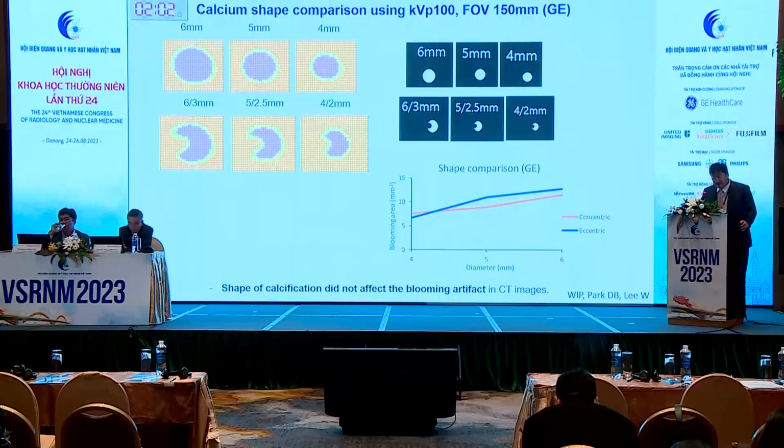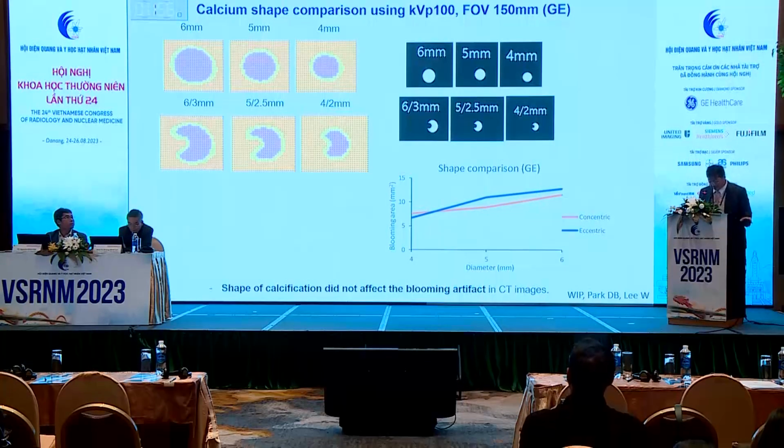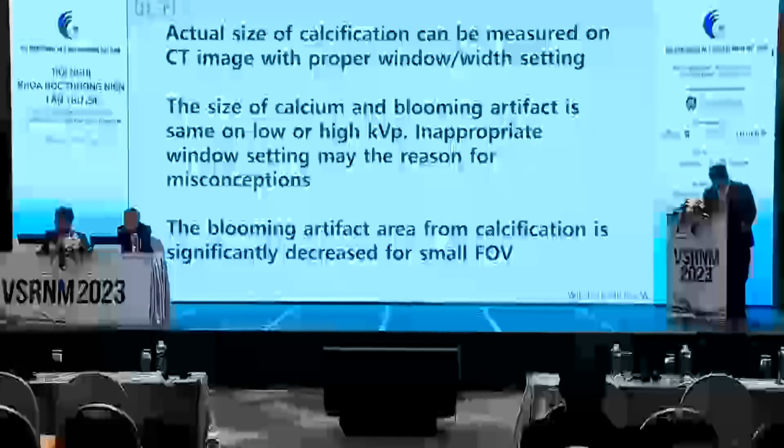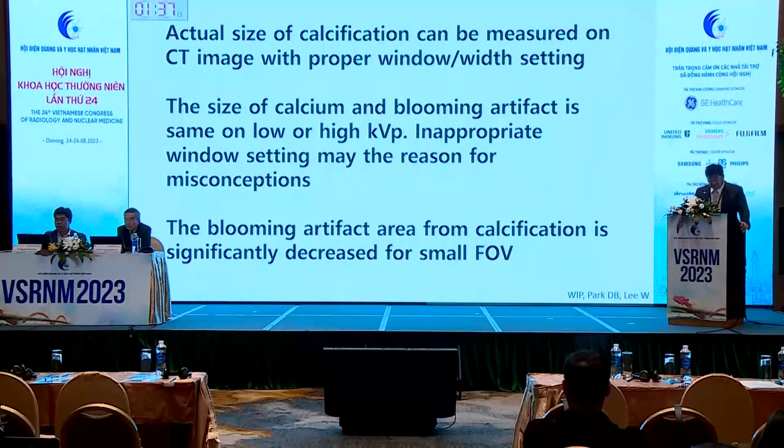So in the phantom, calcium always shows the same degree of blooming. The stent-like feature is the degree of calcification. If the vessel lumen is very small and it's just a curvilinear wall calcification, the blooming is also the same. So my conclusion of this research is that the actual size of calcification can be measured on the CT image.